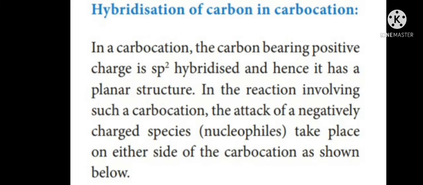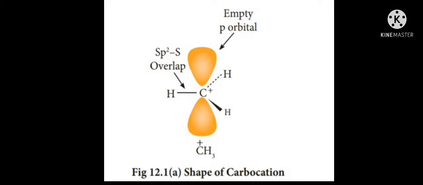In the reaction involving such a carbocation, the attack of negatively charged species, that is nucleophile, takes place on either side of the carbocation. Here, the carbocation with the positive charge is attacked by the negatively charged species, namely nucleophile. It is shown here. This picture explains the shape of carbocation.